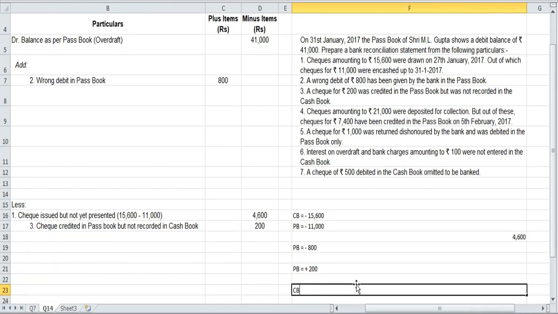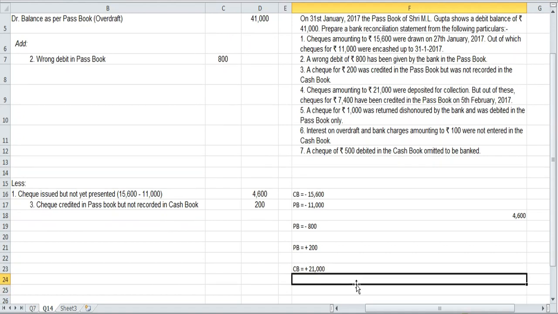All the checks were deposited, but out of these, checks of 7400 have been credited in the passbook on 5th February.